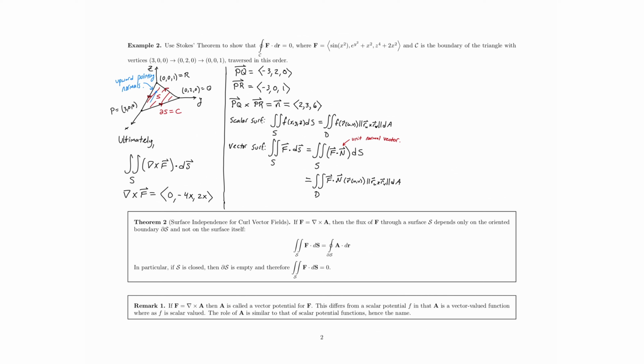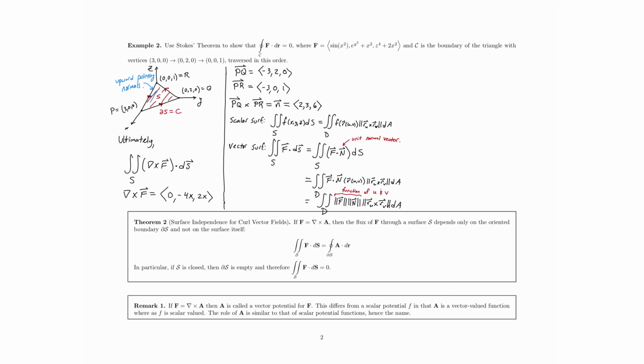Well, here's the thing. What is this dot product? We know that a dot product can be expressed as the length of F times the length of N, and then this whole thing is a function of u and v, which then gets multiplied by this.